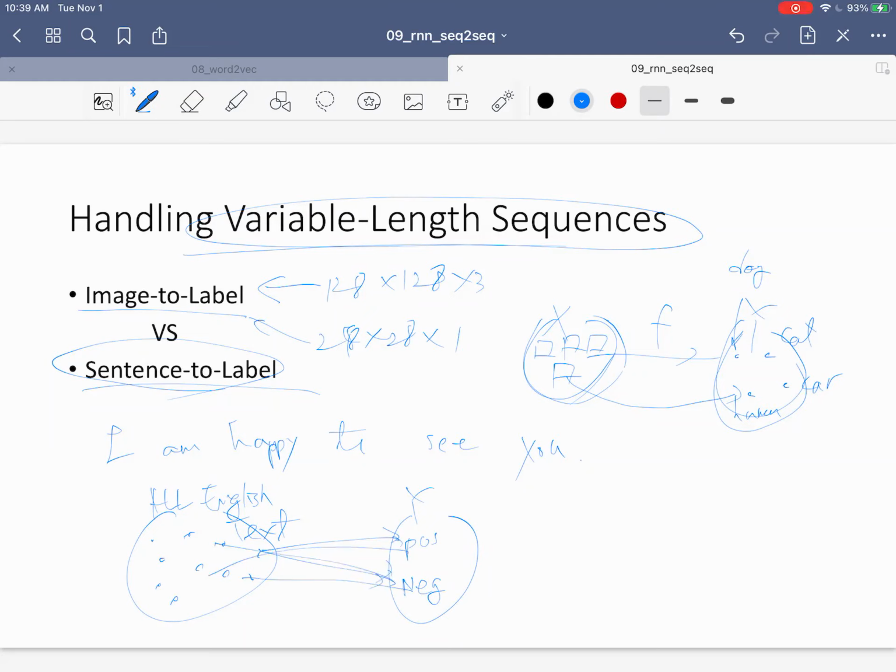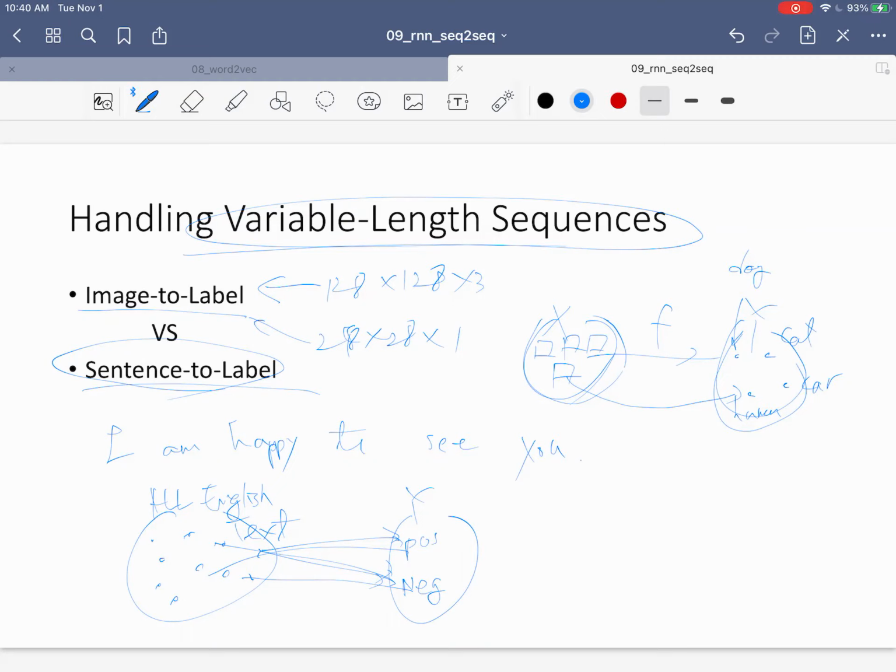So the problem is set: we want to solve sentiment classification where the domain is all English sentences. The problem arises because English sentences don't have a fixed length. It could be infinitely long; you can keep adding words to a sentence to make it as long as you want, or as short as you want. So the size of the input varies.